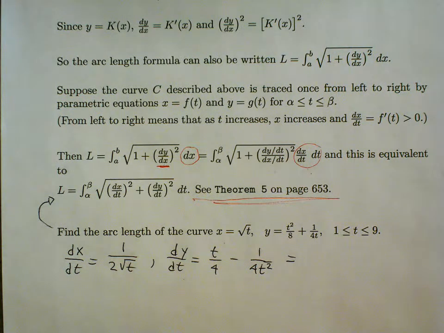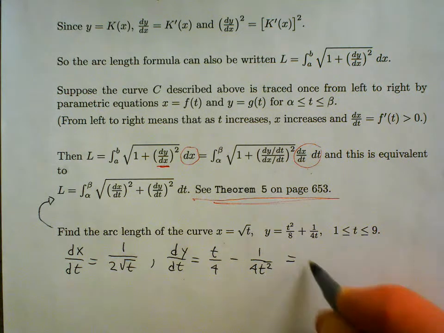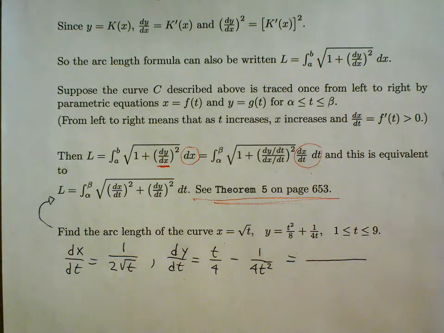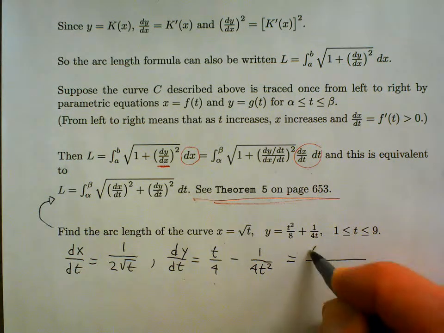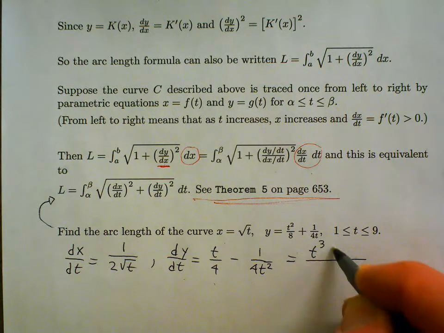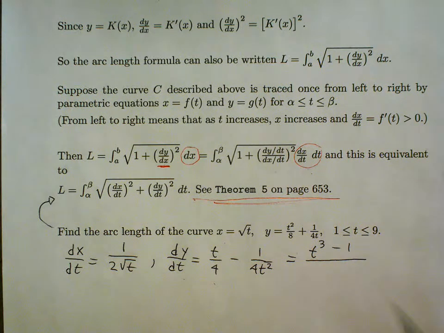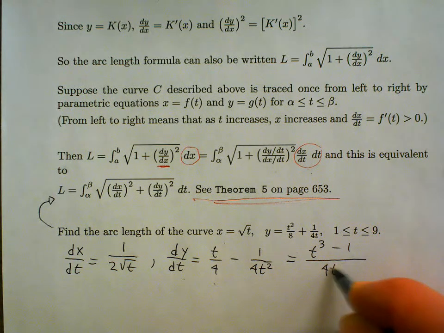Let's write it as a single rational expression with a common denominator of 4t squared. If we multiply t over 4 by t squared over t squared, we'll get, in the numerator, t cubed minus 1, and in the denominator, 4t squared.